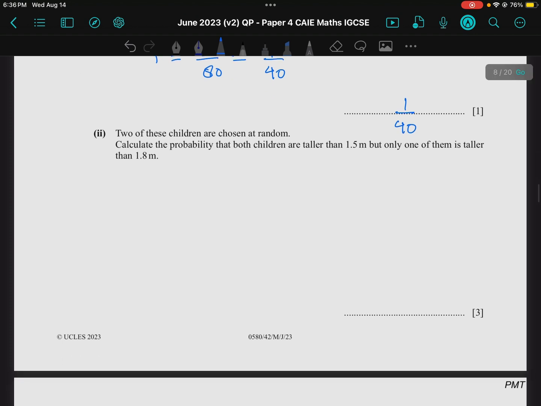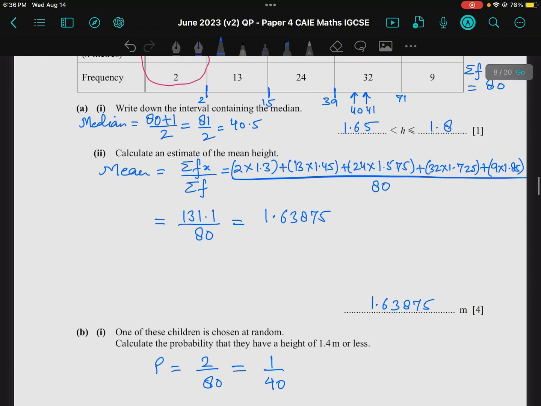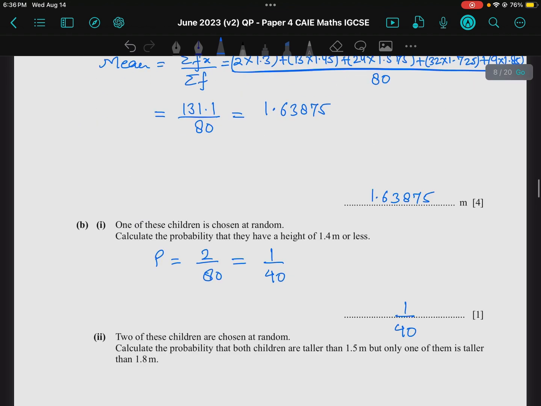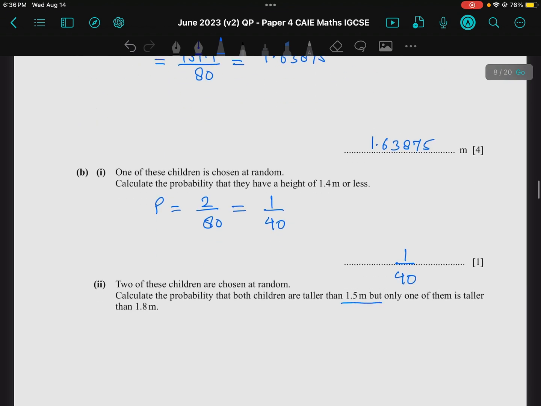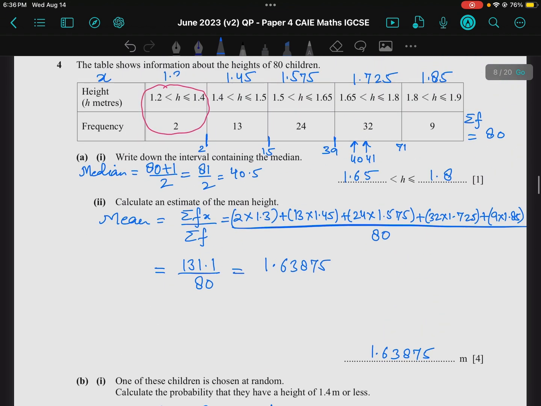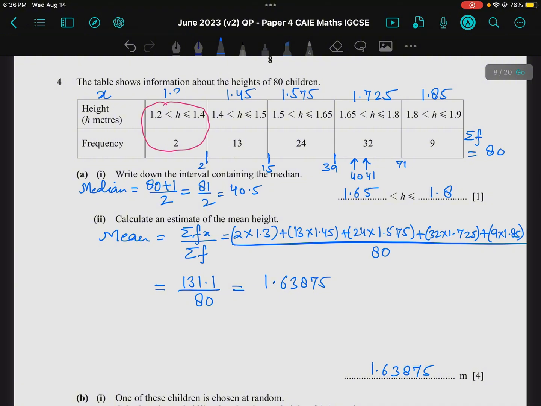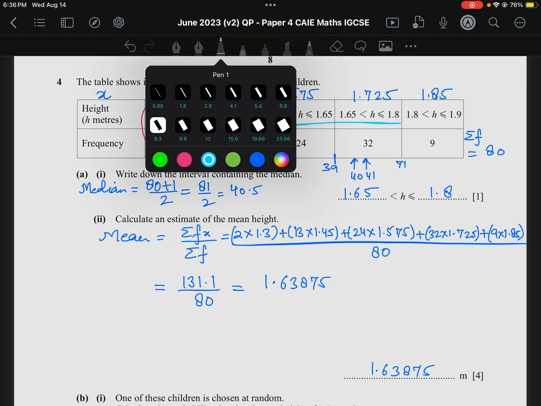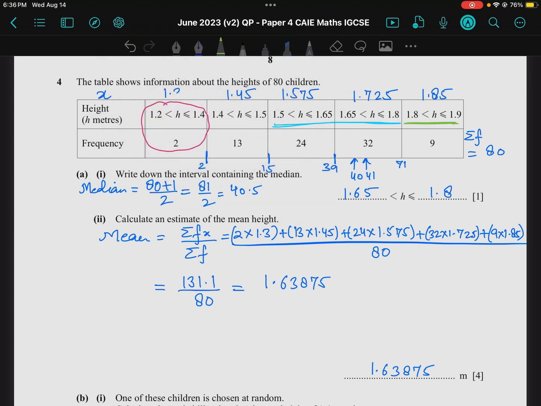Now, 2 of these children are chosen at random. Calculate the probability that both children are taller than 1.5 meter, but one of them is taller than 1.8. Both children are taller than 1.5 and one of them is taller than 1.8. So more than 1.5 means it will lie in this interval, and one which is more than 1.8 will lie in this interval.